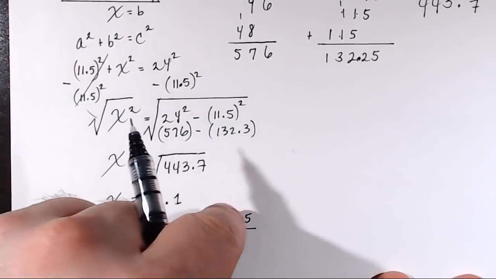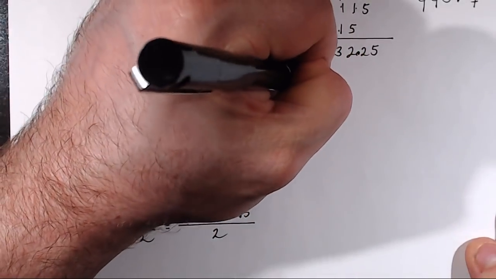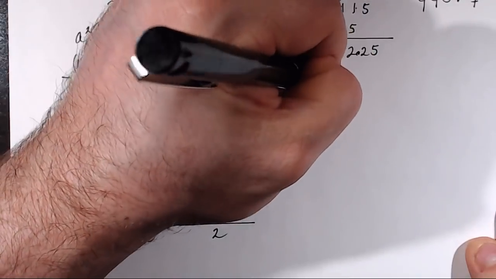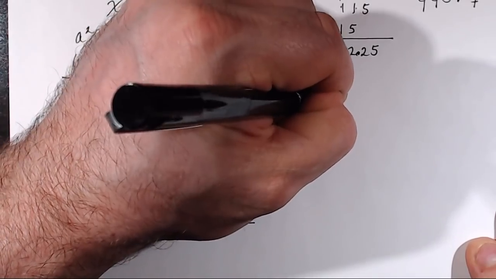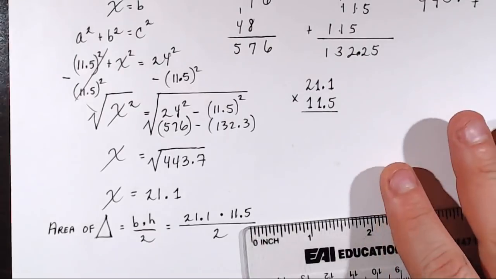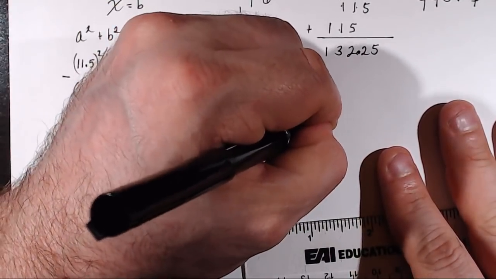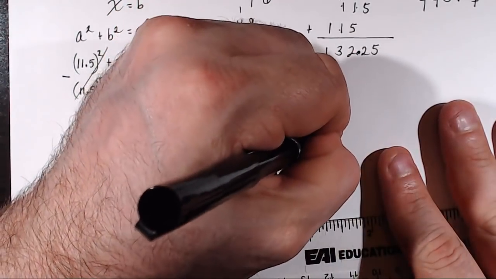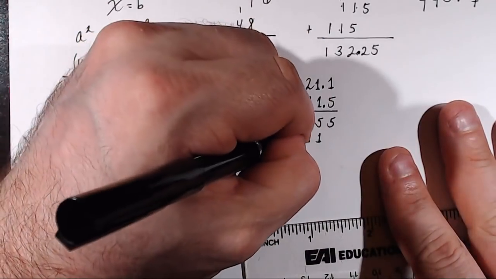So we just have to take this product and divide by 2. And we can do that. 21.1 times 11.5. Okay, let's multiply it out. 1 times 5 is 5. 1 times 5 is 5. 2 times 5 is 10. 1 times 1 is 1. 1 times 1 is 1. 2 times 1 is 2.